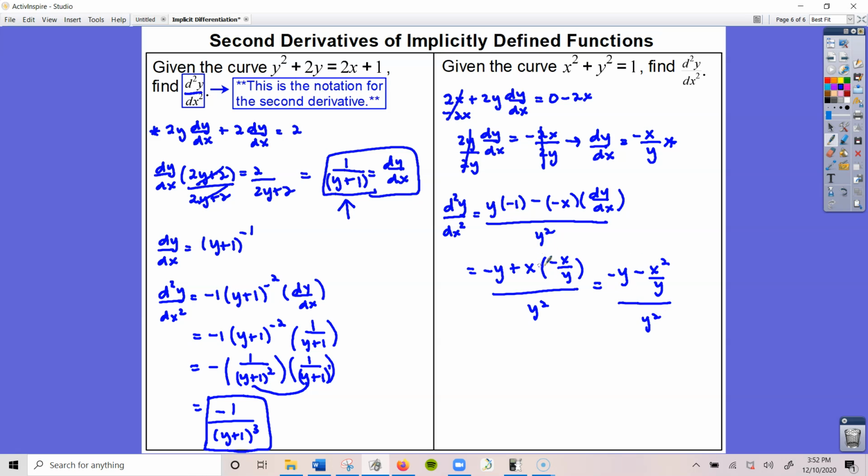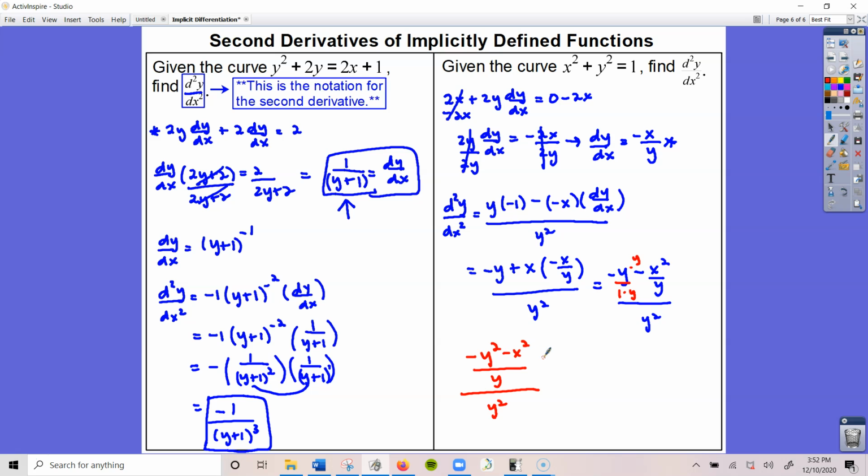All I've done so far is multiply the x times the negative x, which gives me negative x squared over y. Here we need a common denominator so I can write the numerator as just one fraction. If I put this over 1, the common denominator would be y. So I would multiply y here and y here, which would then give me negative y squared minus x squared, and since now they both have the same denominator, it's over y. And everything is over y squared.